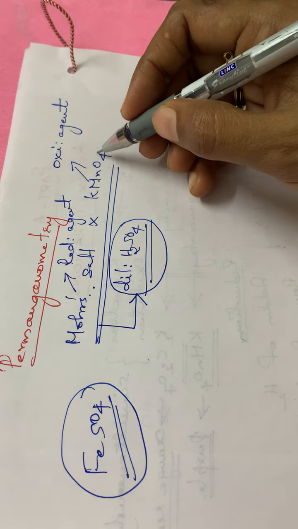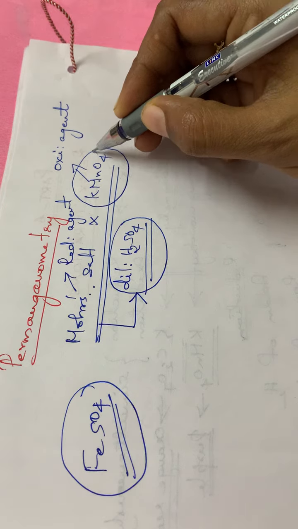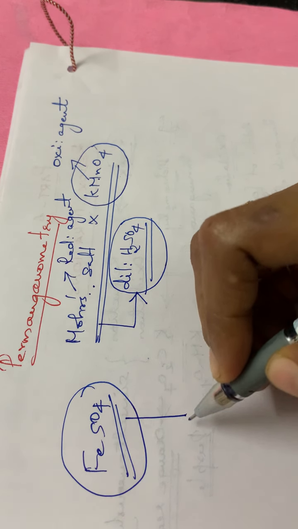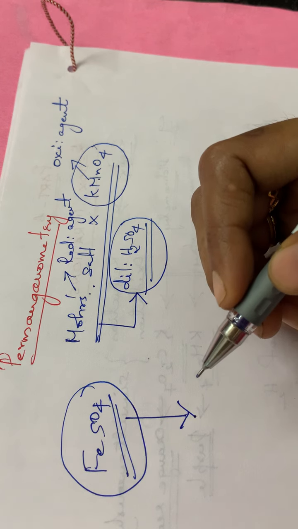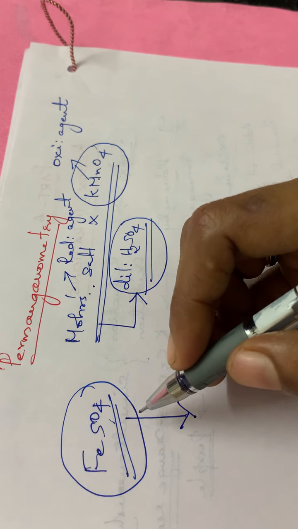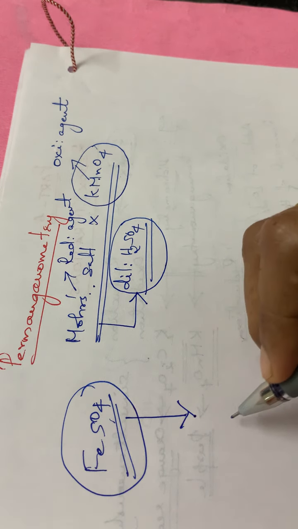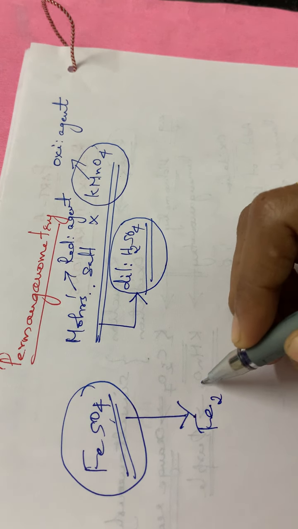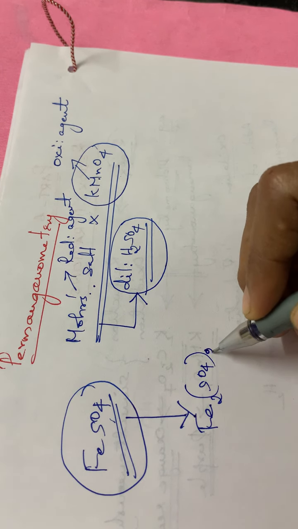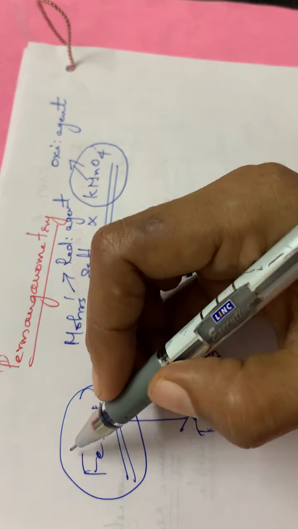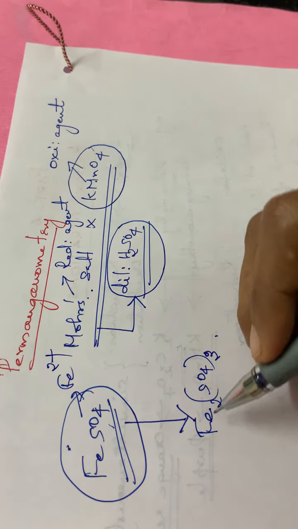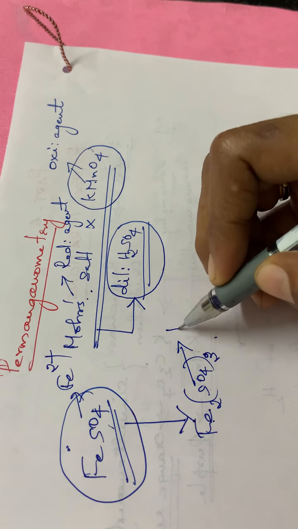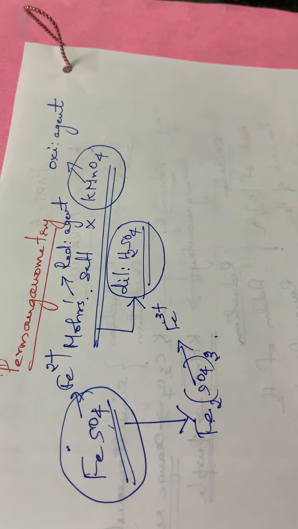So this oxidizing agent KMnO4 will be oxidizing the reducing agent FeSO4. FeSO4 will be converting to Fe2(SO4)3. That means here Fe will be having the oxidation state Fe2+, and here this ion will be in the oxidation state of Fe3+.